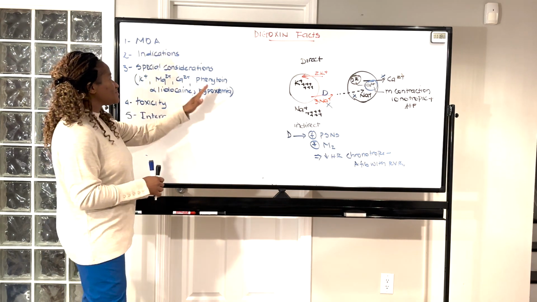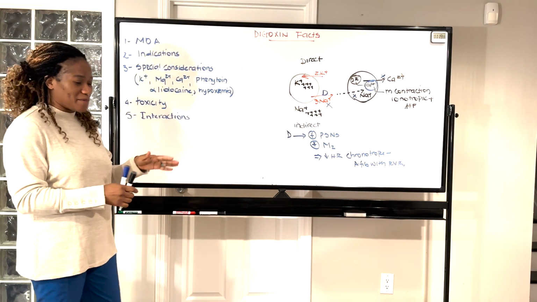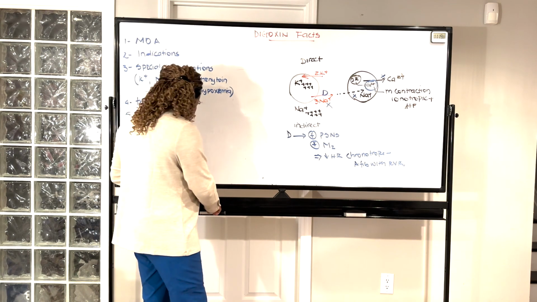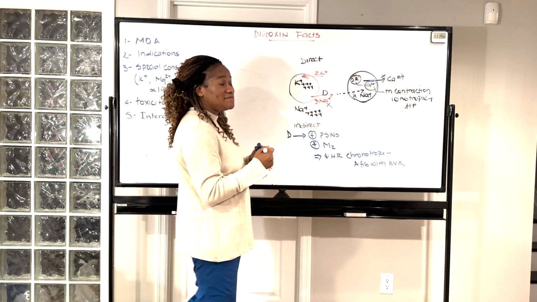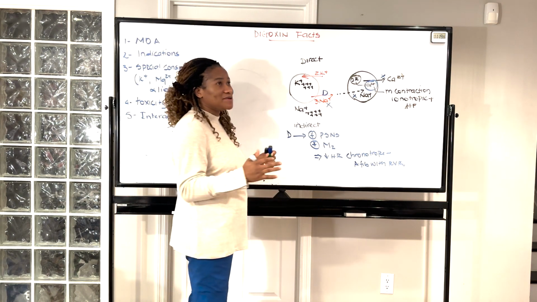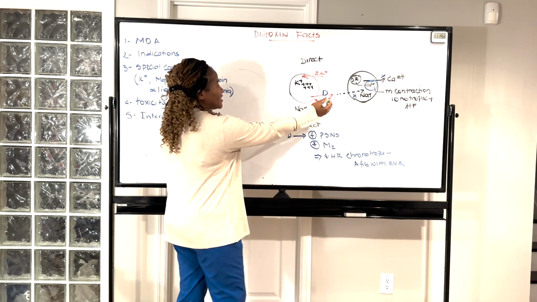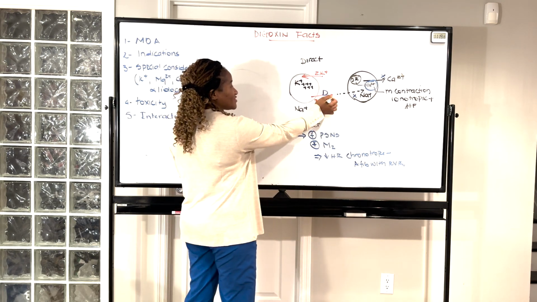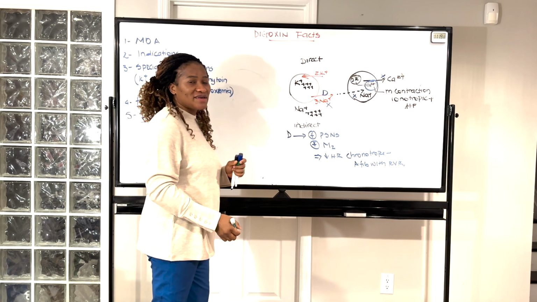Now let's talk about the special consideration, potassium. Now, it is a fact that hypokalemia, less potassium in the blood, is going to increase the digoxin binding to this pump.